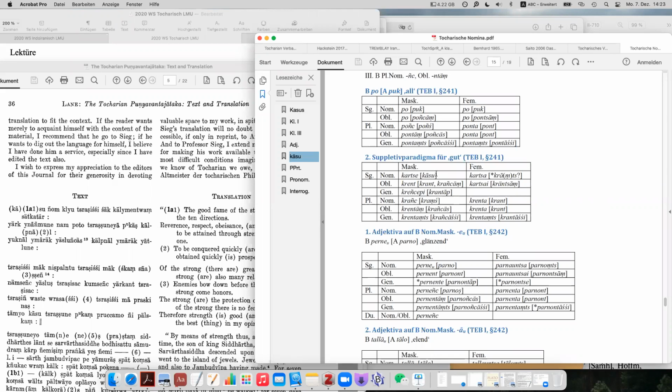It means that it uses several stems inside the whole paradigm. So the nominative is kasu, but the oblique or accusative is klantsem or klantrum. This is for East Tocharian.